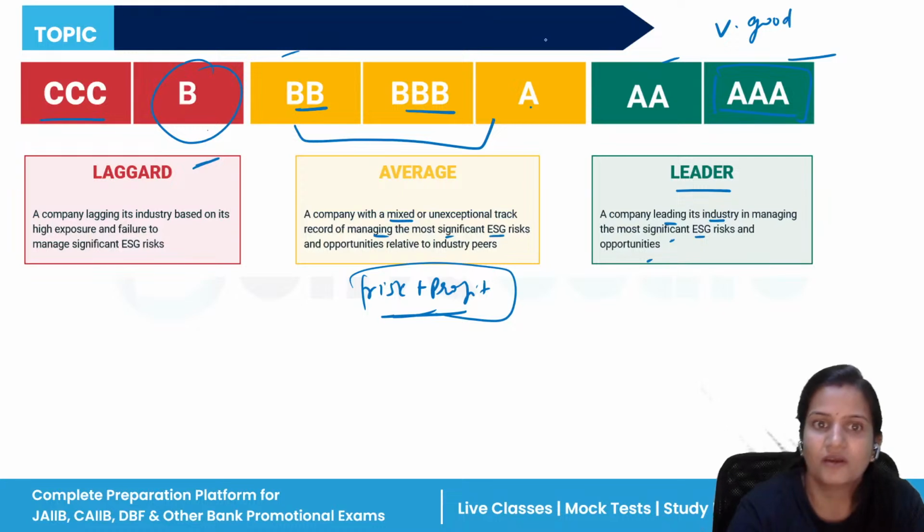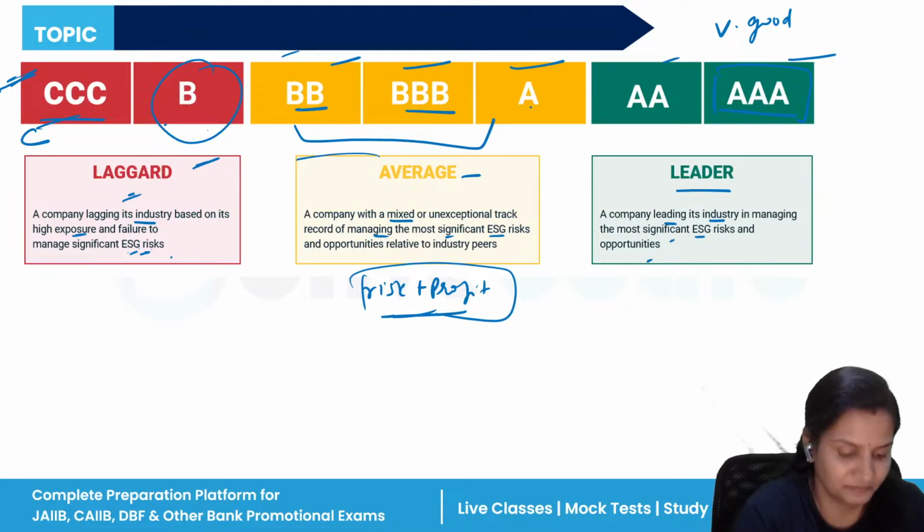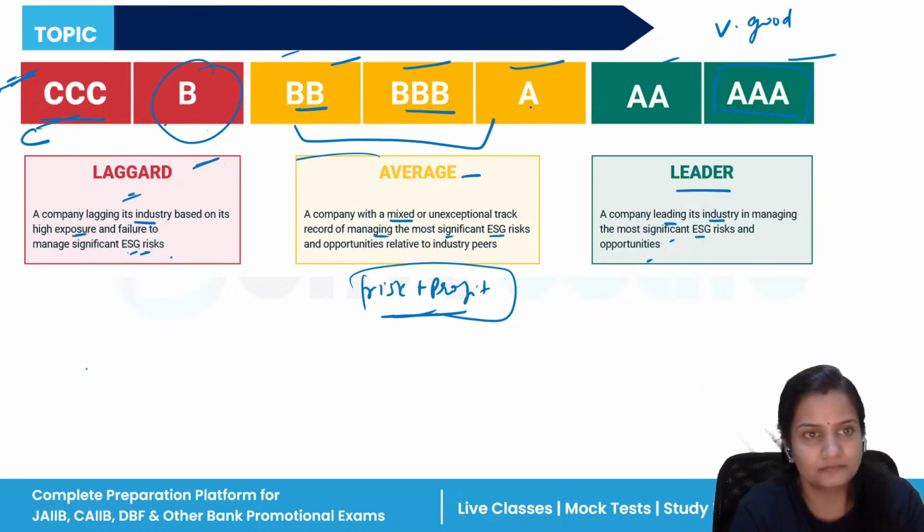Learn in this way. The ones having a few alphabets like a single A, triple B, and double B, on average, are not bad, not good. But those having C and B at the last position are laggards, lagging in their industry based on high exposure and failure to combat these ESG risks. Clear?